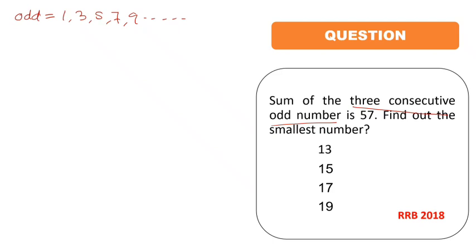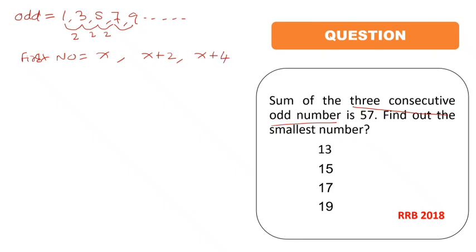You can see between every odd number there is a gap of 2. So if I take the first number, let the first number be x, then the second number will be x plus 2, and the third number will be x plus 2 plus 2, that is x plus 4.